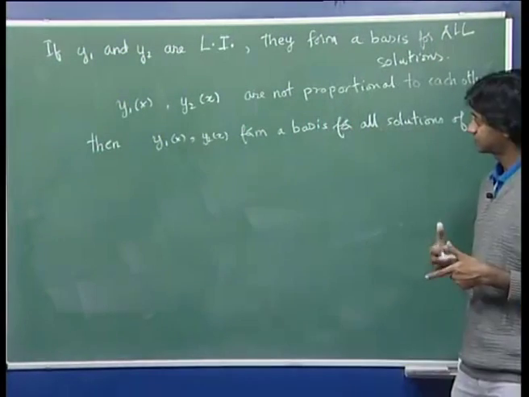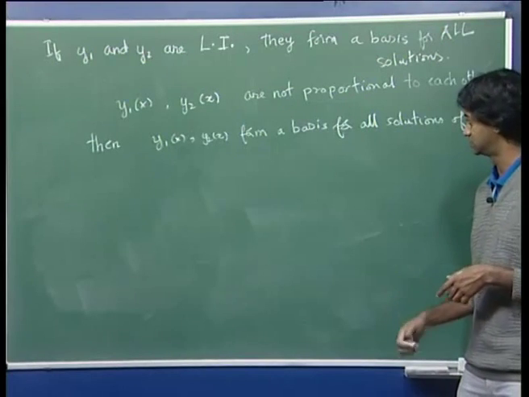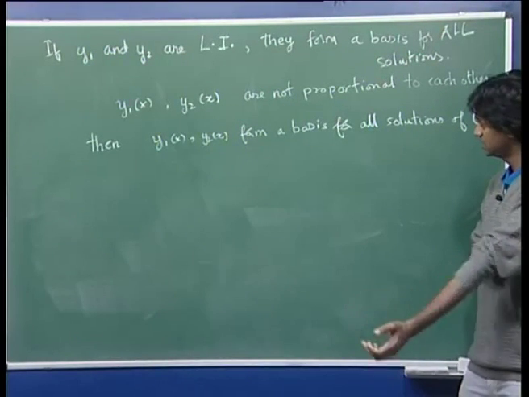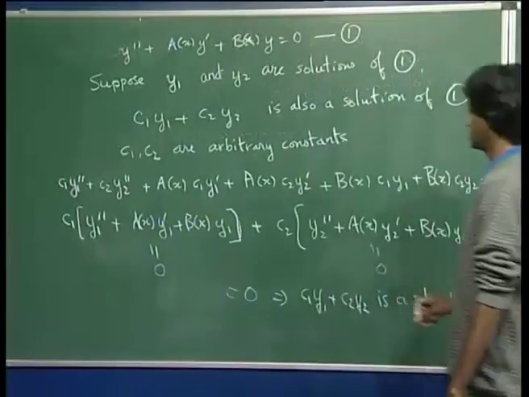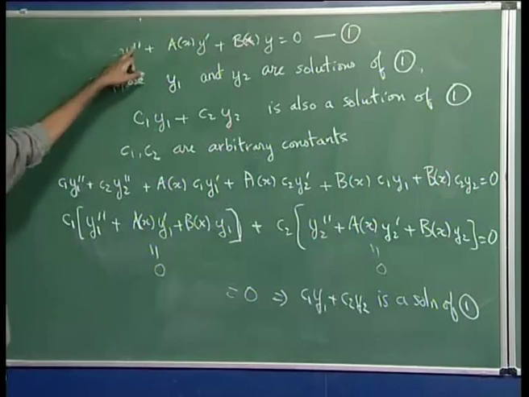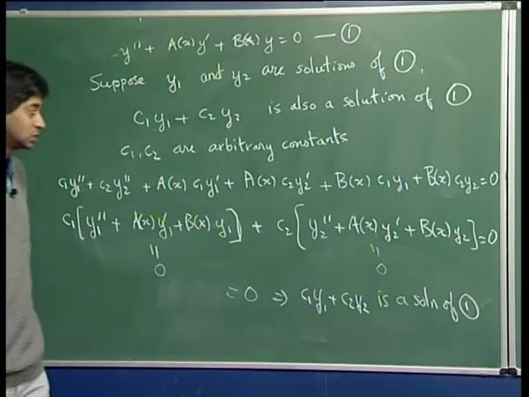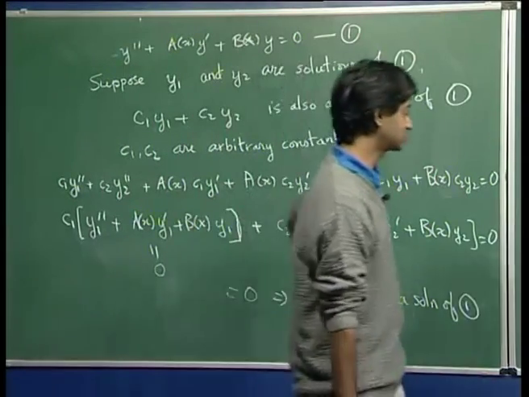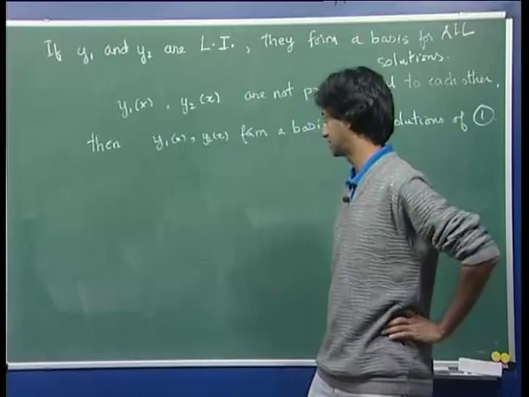So same way, if you have this set of solutions, any solution can be expressed as a linear combination of these two solutions. Okay, now incidentally, you also notice that y equal to 0 is a trivial solution of this equation. So y equal to 0 satisfies this equation in a very trivial way. So actually, you can show that the set of solutions forms a vector space. Okay, this satisfies the axioms of a vector space.